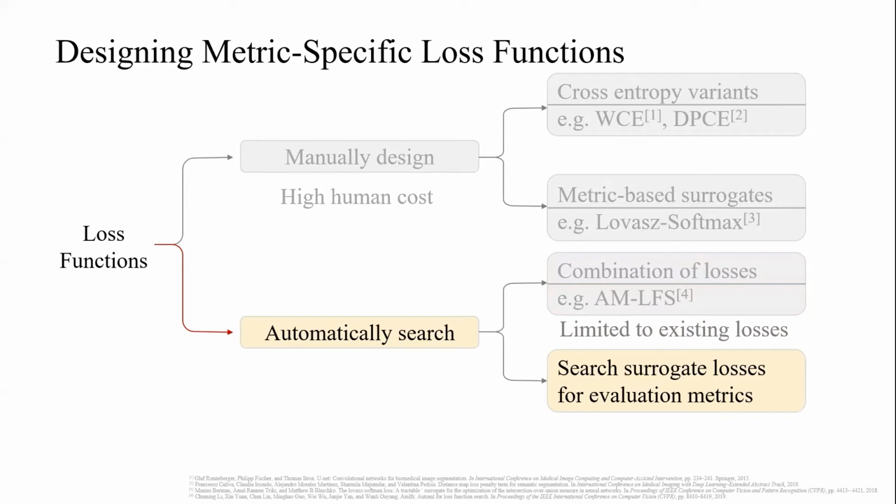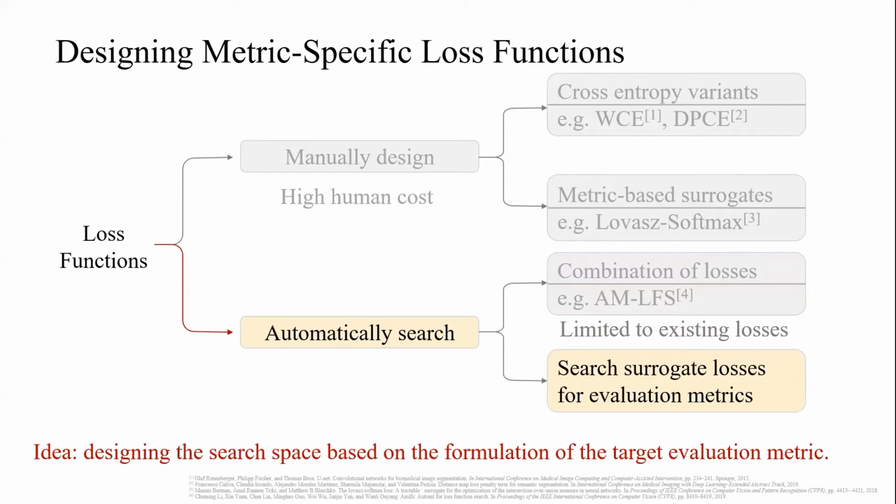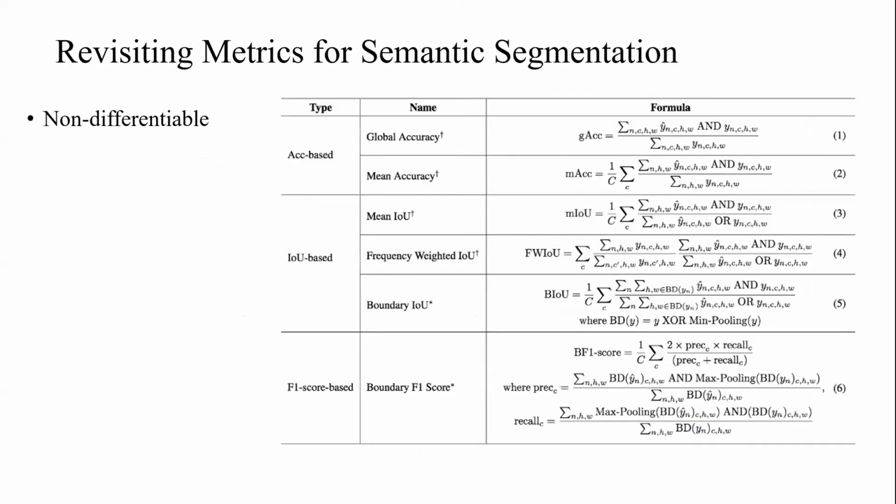Specifically, we design the search space based on the formulation of the target evaluation metric. To design the search space, first, we revisited the mainstream evaluation metrics in semantic segmentation.